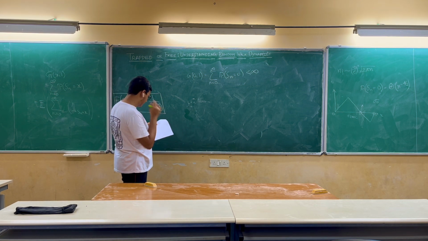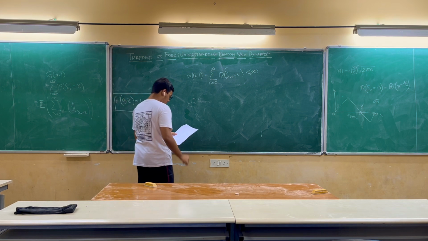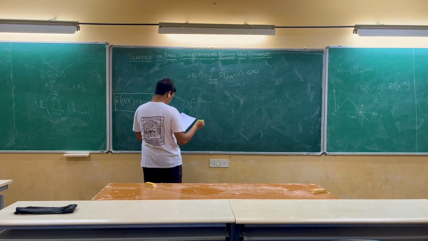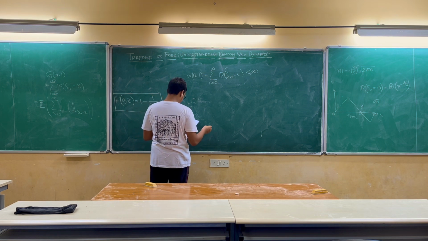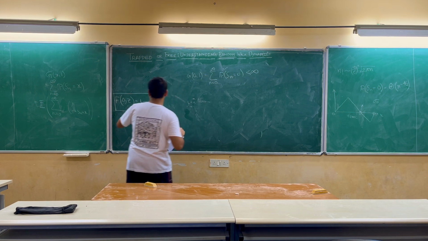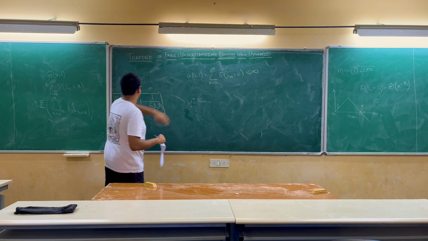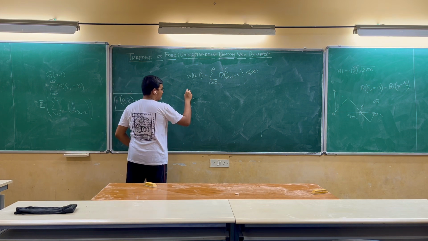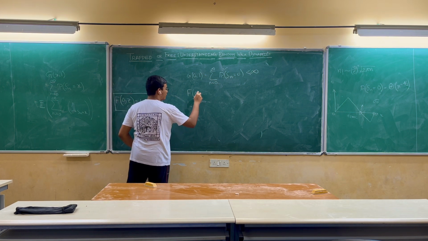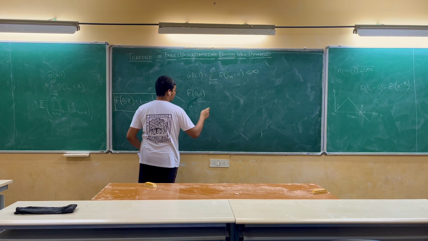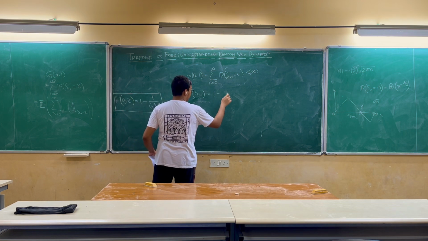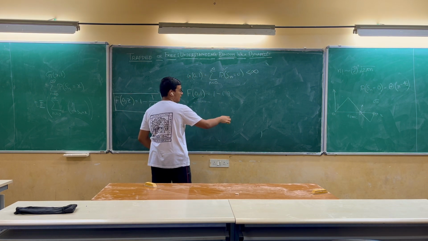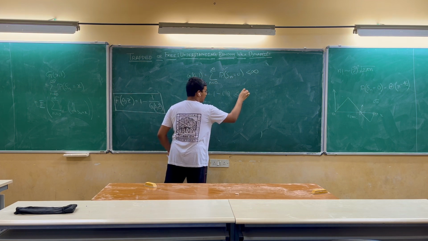Okay, what happens in that case? If g of 0 comma 1 is finite, then from this relation we can clearly see that f of 0 comma 1 is equal to 1 minus something, and that is essentially less than 1.